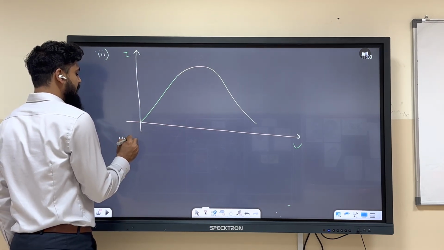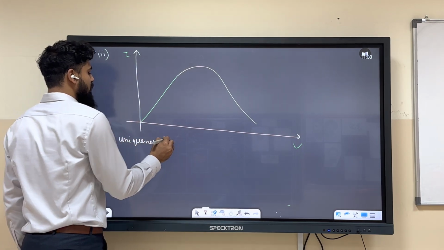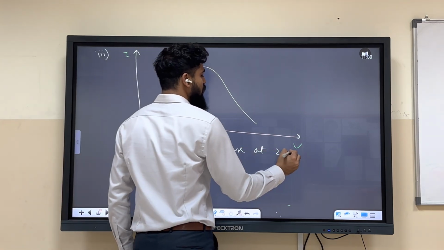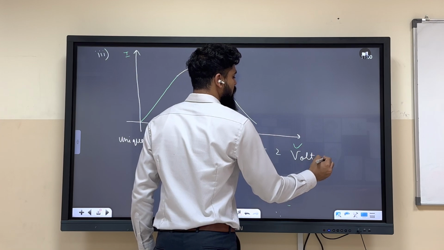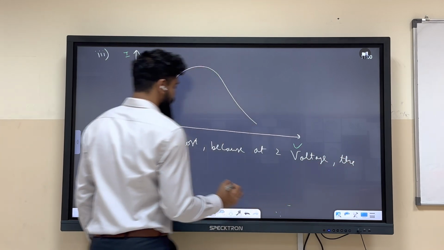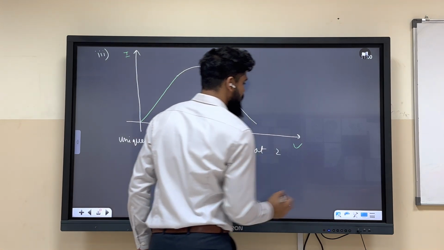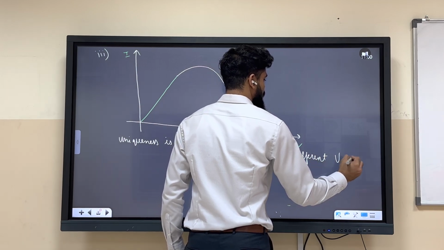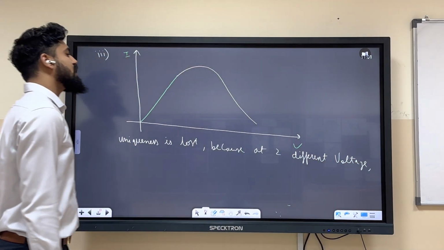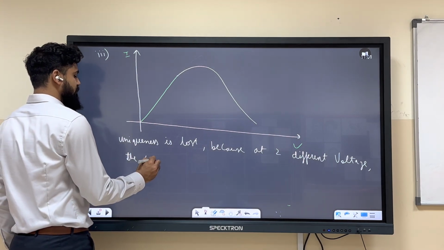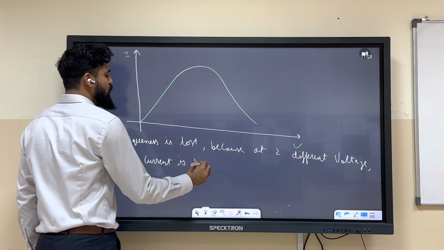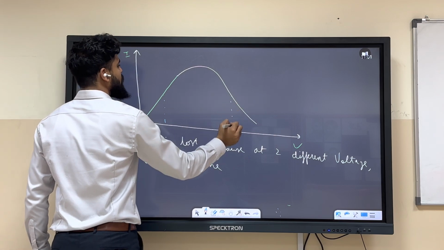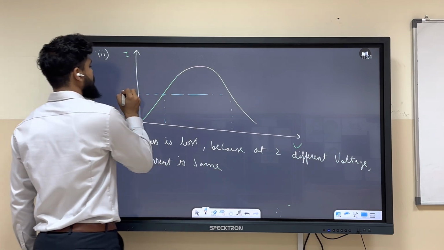So uniqueness is lost, because at two different voltages the current is the same.